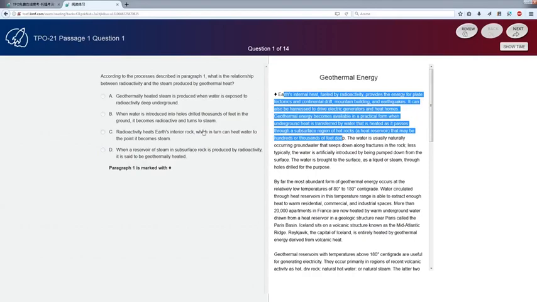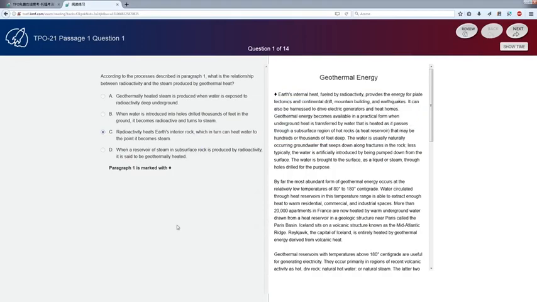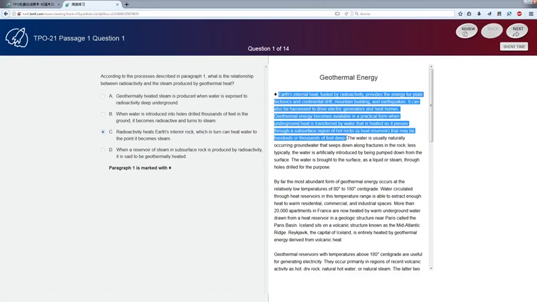But when you look at this paragraph, it is generally related to the water being heated by radioactivity, then it becomes steam. So our answer here is C, guys, because that's what these two sentences are all about.